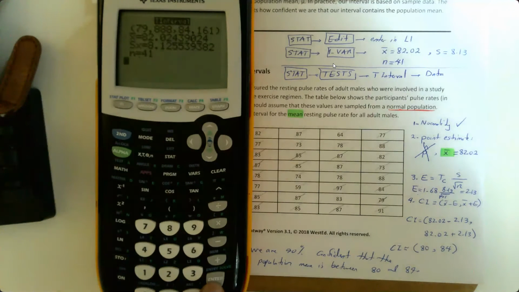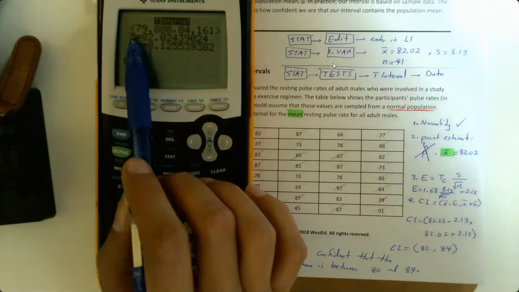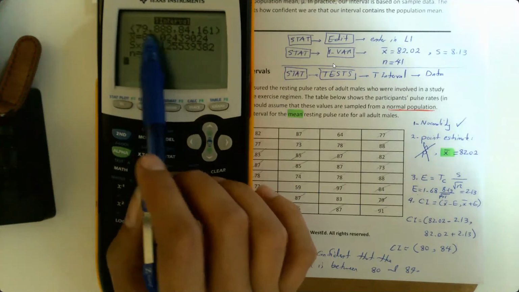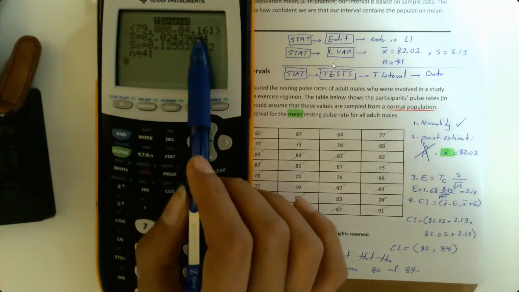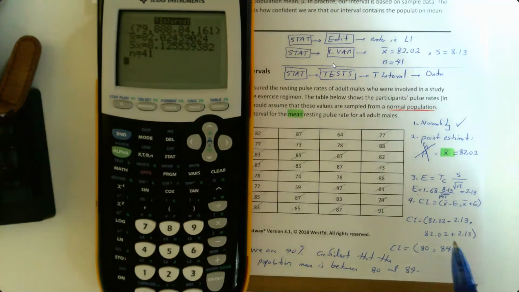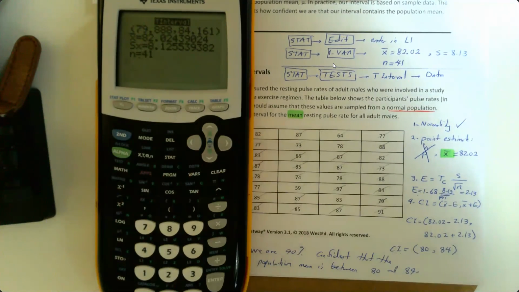Okay, the confidence interval that we have is 79.88, which is around 80, and 84.16. So we got a quite good approximation for our confidence interval. Our calculator shows that everything is correct.